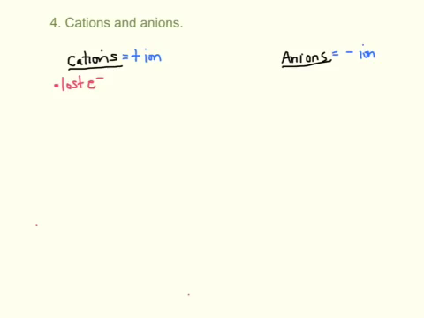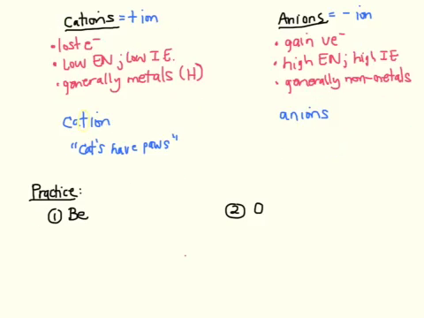It loses electrons because it's got a low electronegativity or a low ionization energy. That means that it's easier for it to lose its electrons. These, for the most part, are generally made from metal atoms. So the metals, or anything on the left side of the line, tends to lose valence electrons, and that includes hydrogen even.